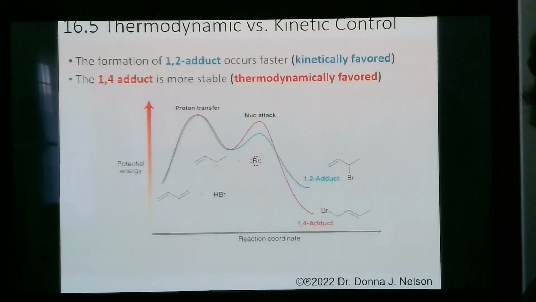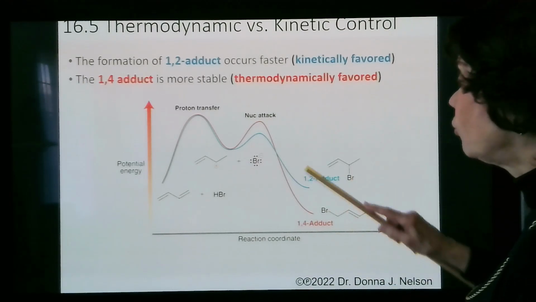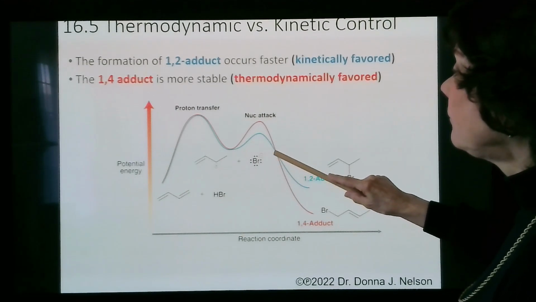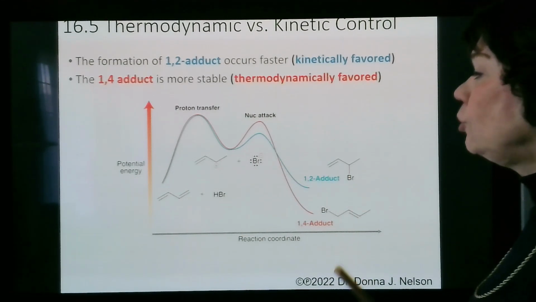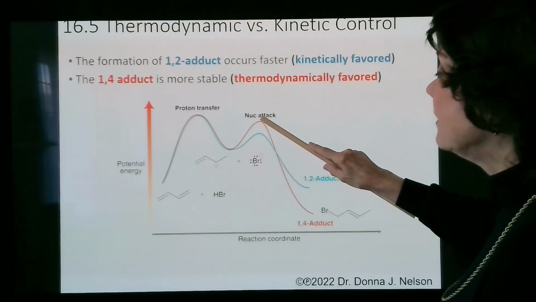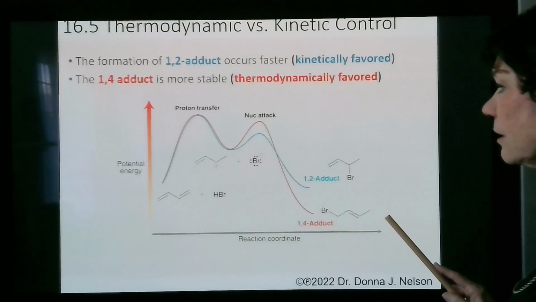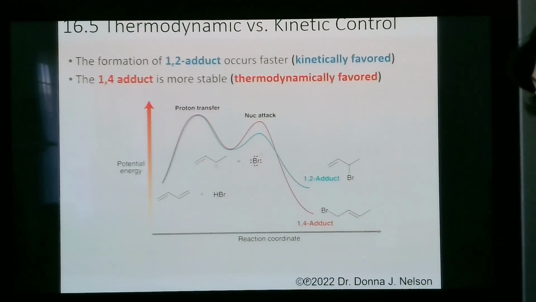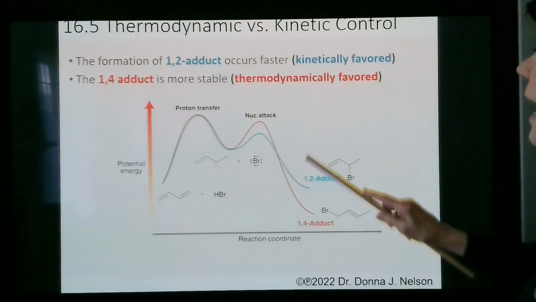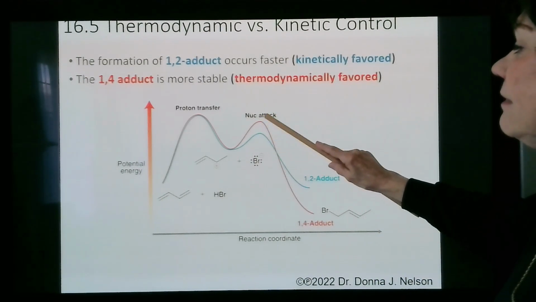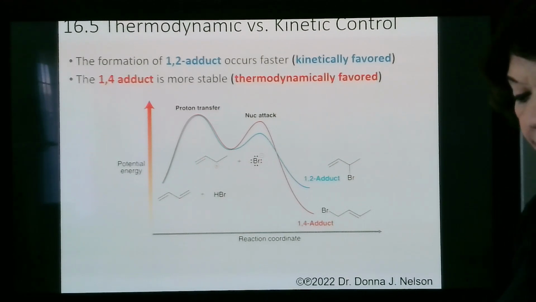That's unusual. That is not what you see usually. So you can see these pathways are crossing, and usually they do not. Usually the higher energy transition state leads to the higher energy product, and the lower energy transition state leads to the lower energy product. And so you need to realize that this is unusual.